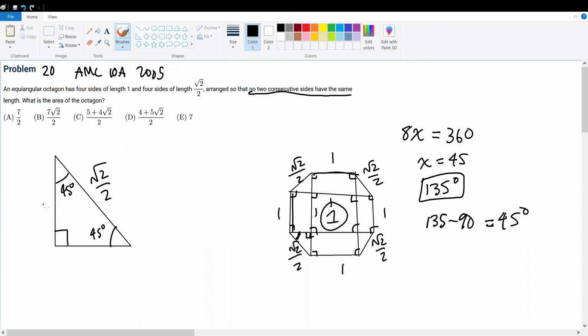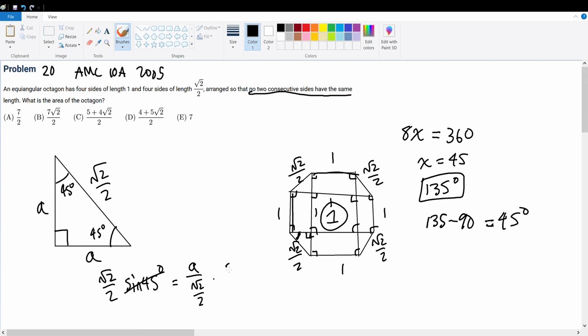And let's call this side length A, and let's call this side length A as well, because sides opposite congruent angles are congruent to one another. So applying our trigonometric property, sine of 45 degrees is opposite over hypotenuse, which is A over root 2 over 2. Sine of 45 degrees is root 2 over 2. Let's simplify this.